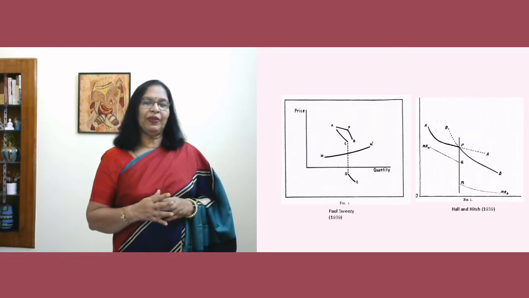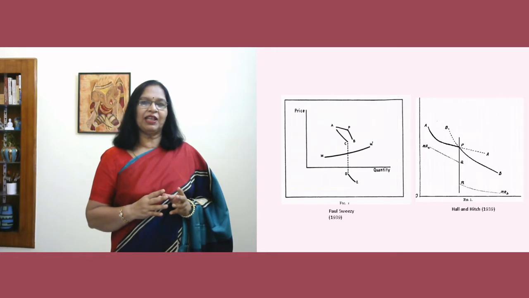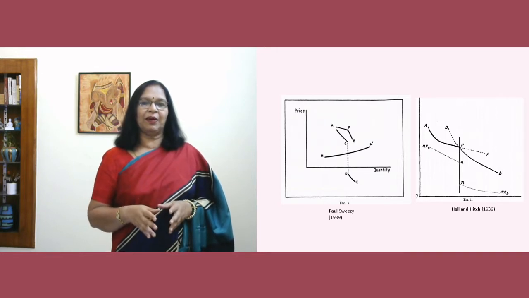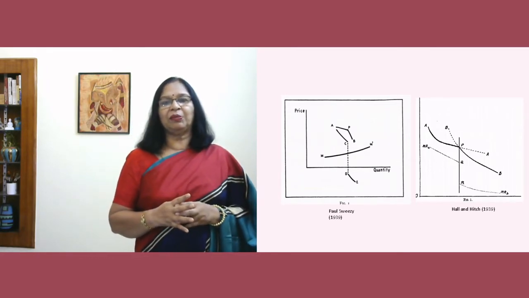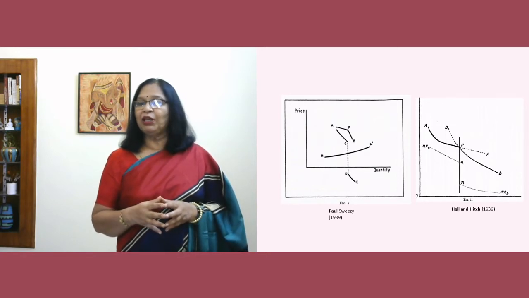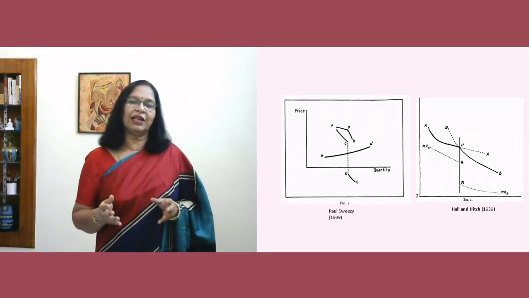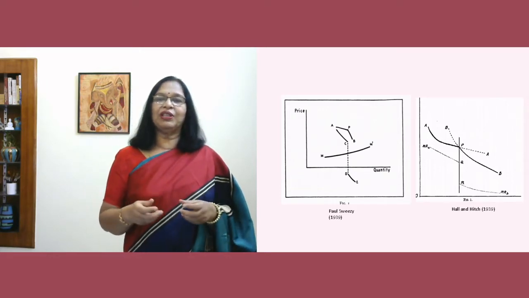This demand curve has a kink. That means it goes up, it breaks, then it comes down. And the Hall and Hitch demand curve also is not the smooth demand curve that we are so familiar with. So both these diagrams are original. I wanted to show you how they were originally drawn.